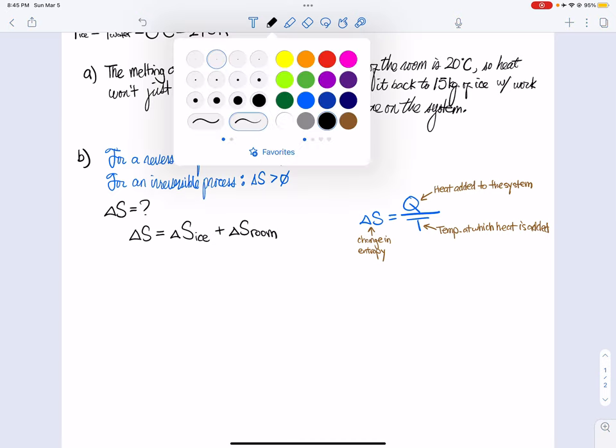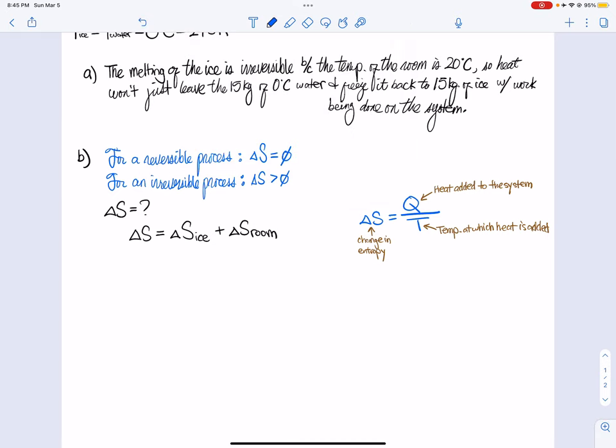We covered that in chapter 17: the heat transfer necessary to change phase is equal to plus or minus m times the latent heat of fusion, because we're going from solid to liquid. So that is the heat transfer necessary to melt that block of ice to liquid water.